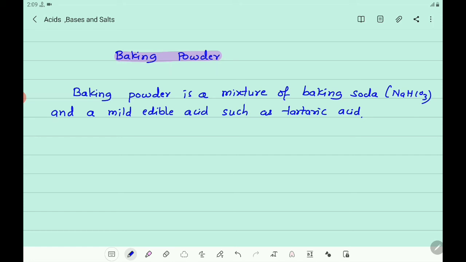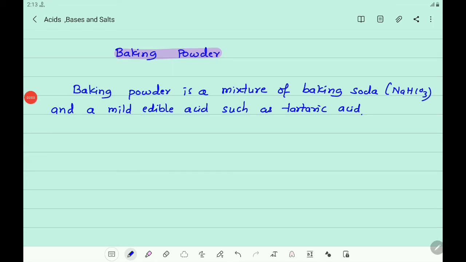Then what are the uses of baking powder? And before that, how will you prepare baking powder? When baking powder is heated or mixed in water, a reaction takes place.